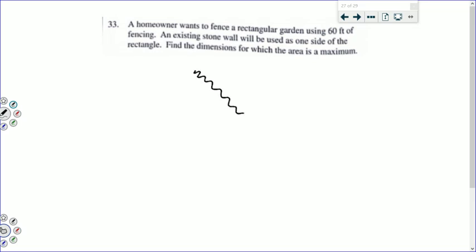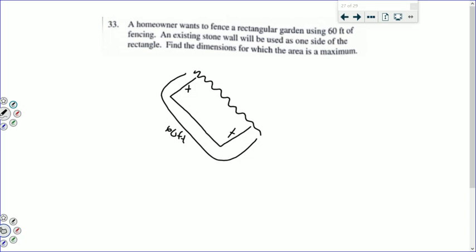So we have a wall, okay, and we want a rectangular garden. Here's part of the fence, part of the fence, part of the fence. If we take this entire distance, this is 60 feet of fence. Each of these bends has got to be some length back, but they're both the same, so they're both x's.